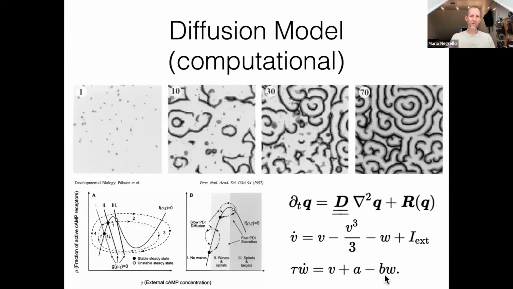You can then study the dependence of the parameters on the probability that you will see a pattern against the theory, knowing that, yes, biology is full of variation. At least there is a rule, a law that biology is trying to follow. And you can then use the fraction of cyclic AMP receptors, for example, via the external cyclic AMP concentration, to study which are the regions within which this setting will form.